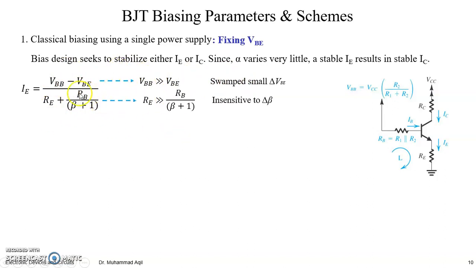And here as well, if we take RE greater than RB divided by (beta plus 1), then this relation will be less sensitive to beta variation, right? If this factor is very small, then the change in beta will not affect this relation much, right? And not the IE nor the stability of the Q point, right? So it means if you take this, you can make your relation insensitive to beta variations.